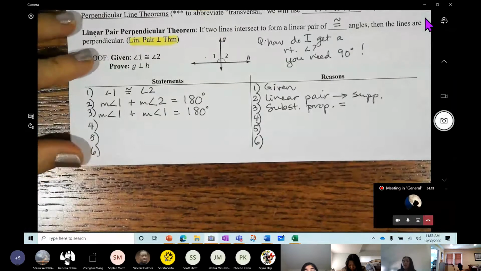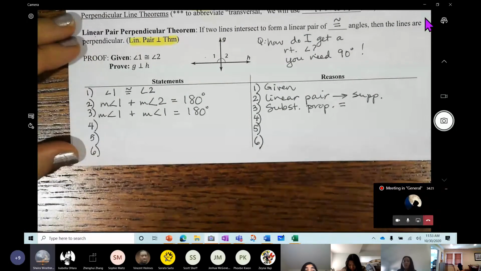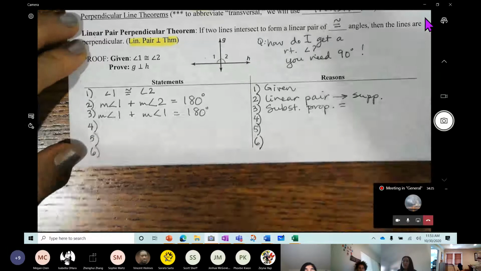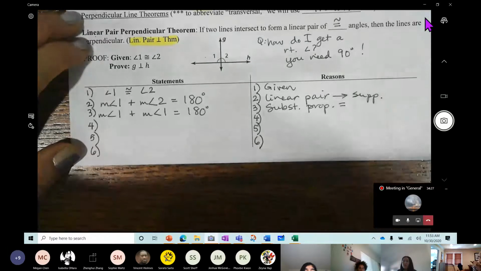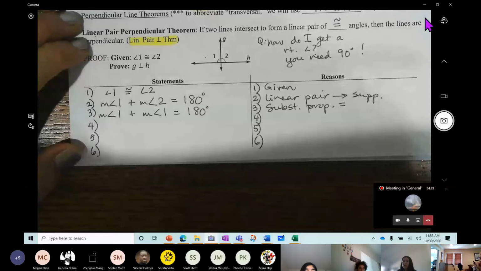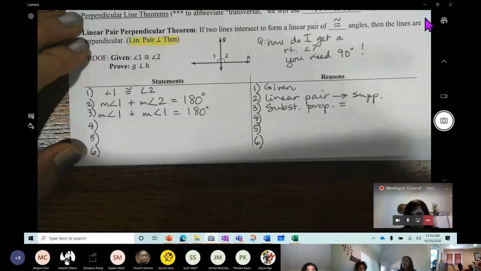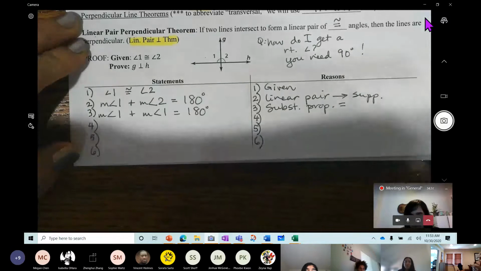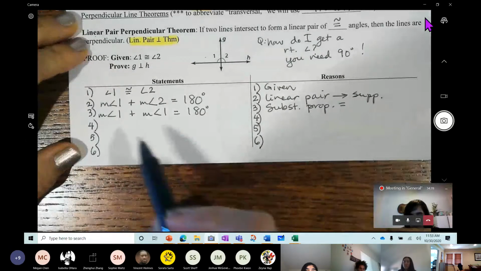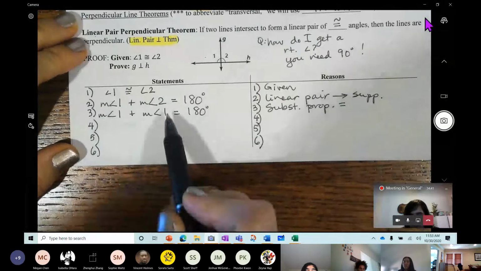Shira, what would you say? Would you divide 180? Now you're thinking. What would you have to divide 180 by? 2. You'd have to divide it by 2. Well, I don't have a 2 there to divide, but what I do have is 2 of the same thing.